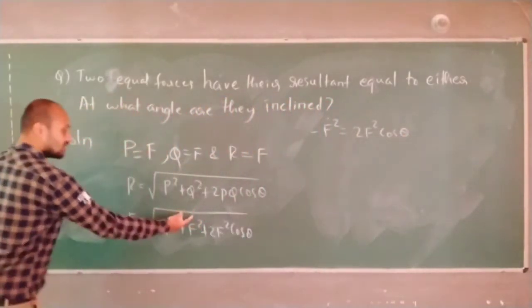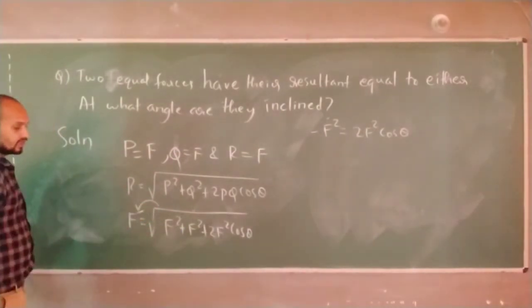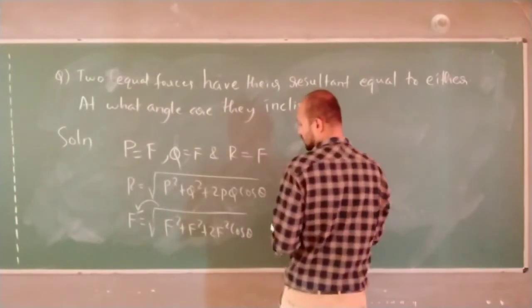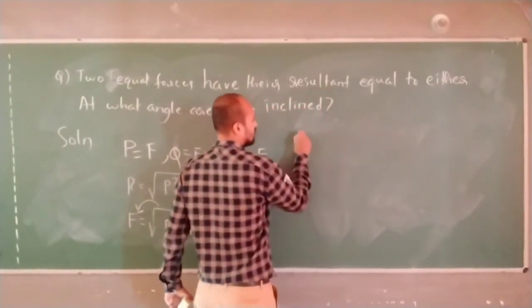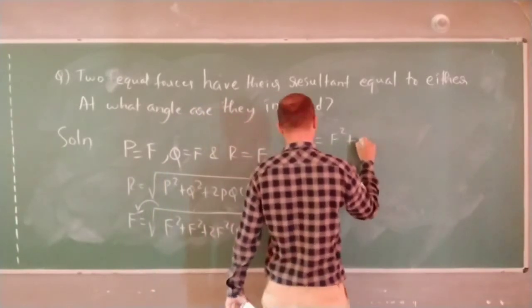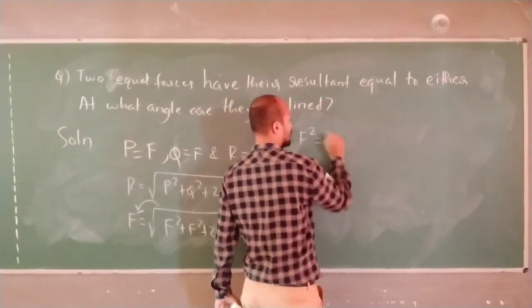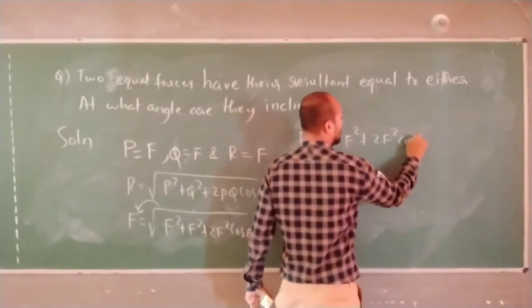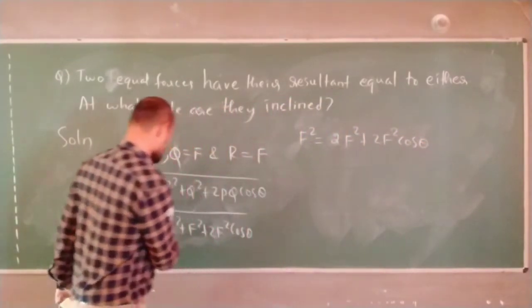You can check this. Take this root here. You guys are first years, no? I have to write steps now. This will become F square is equal to F square plus 2F square into cos theta.